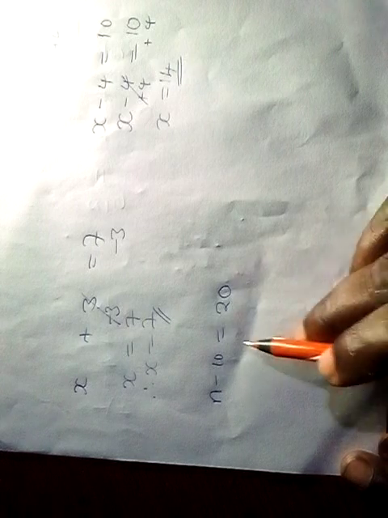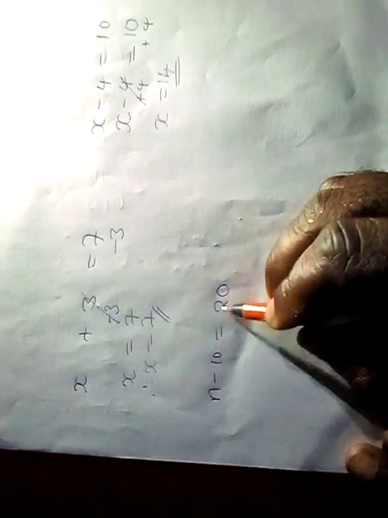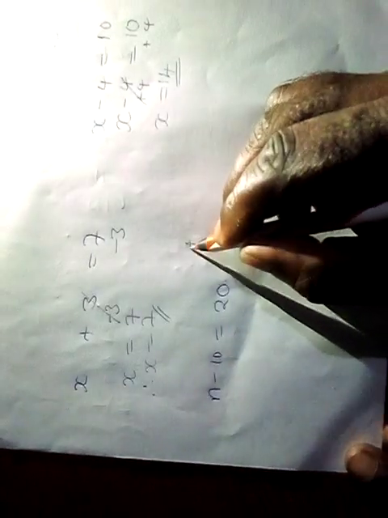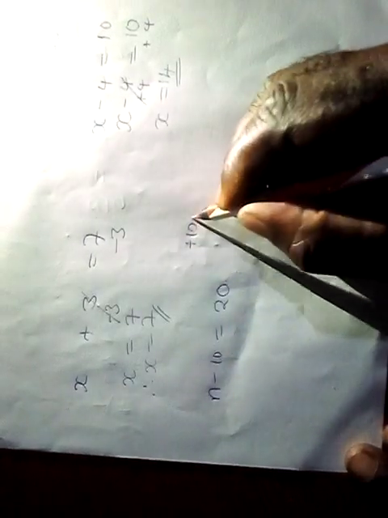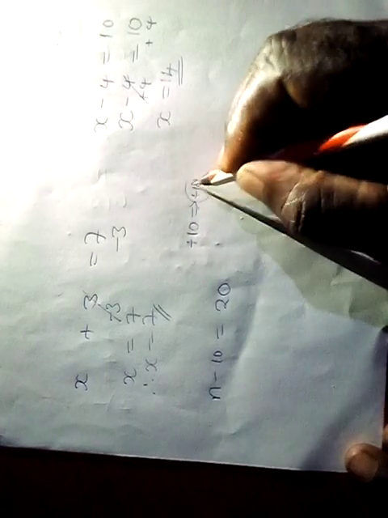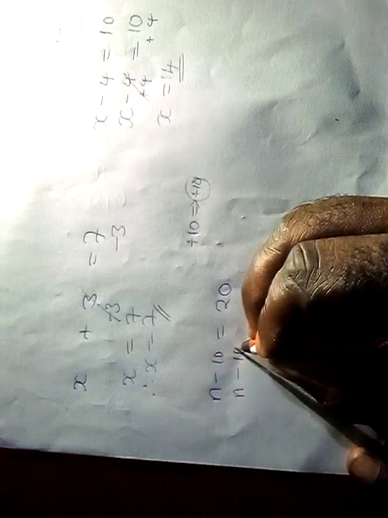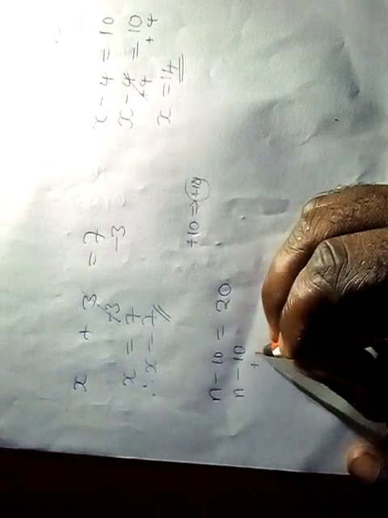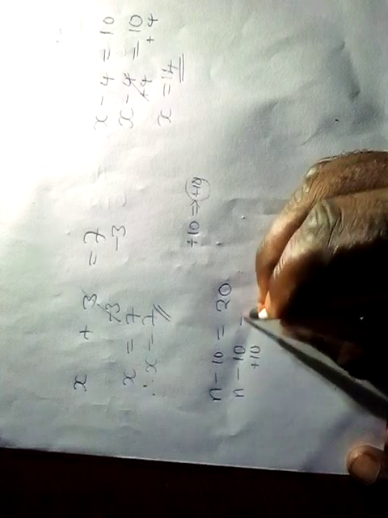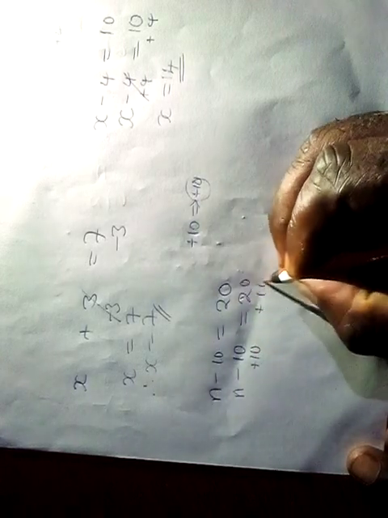So we look at this one. We have n - 10 = 20. So we have -10. The opposite of -10 is +10. So we are going to add 10 on both sides: n - 10 + 10 = 20 + 10.